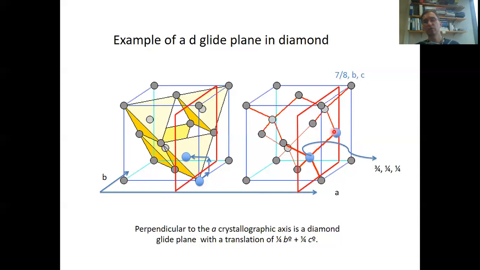Our atom would then be in this position, which is now in the center of a face. So again the produced crystal structure is superimposable on the original one, meaning that the symmetry element is there. This is what is meant by a diamond glide plane.